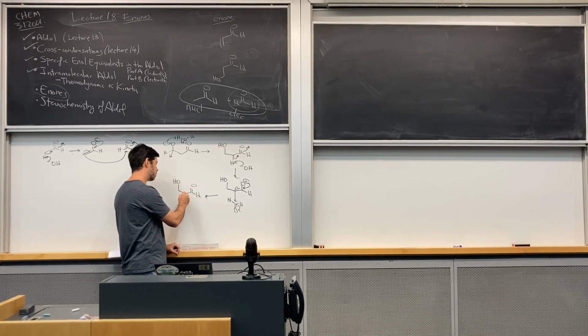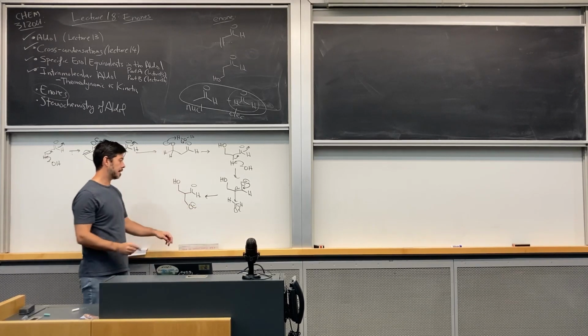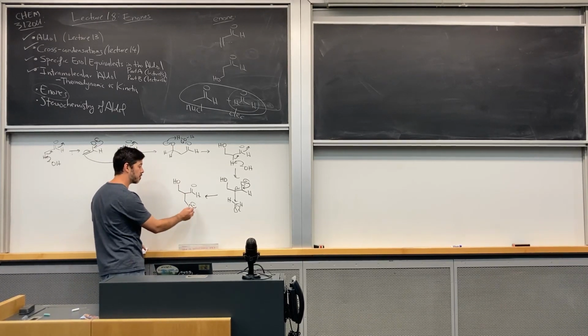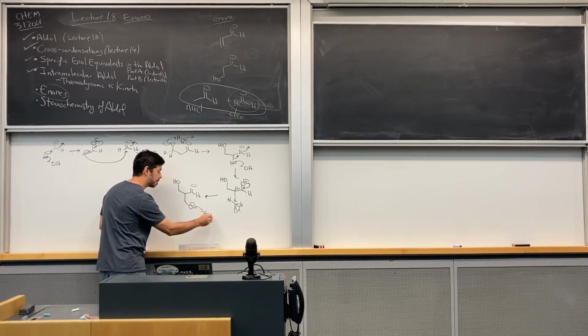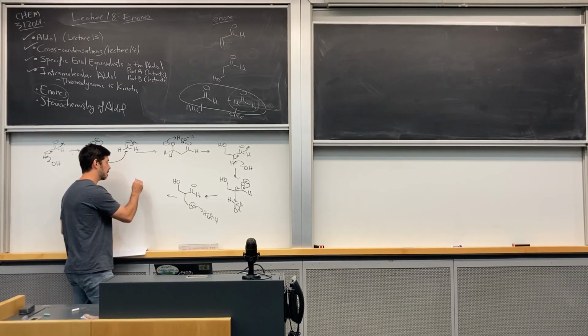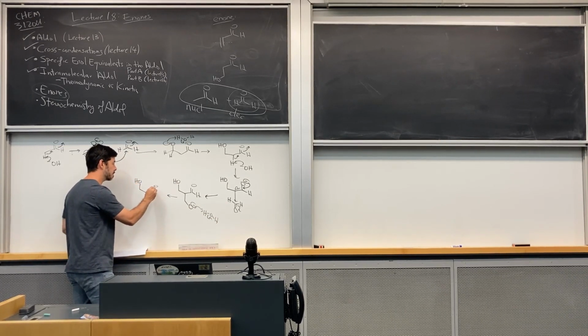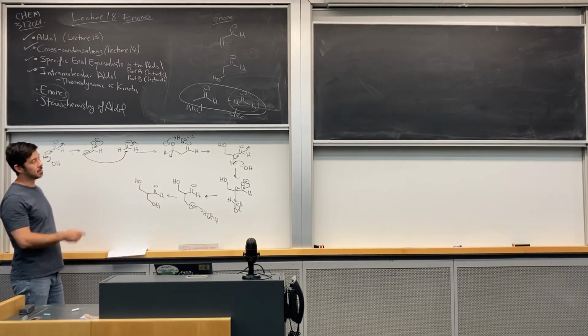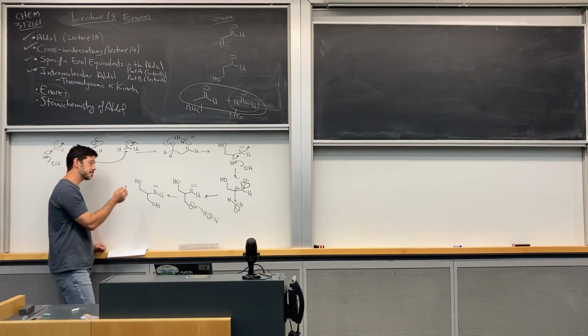So, unfortunately, it keeps going. You add a second carbon through a second molecule of formaldehyde. This will pick up a water, just proton transfer, and now you're left with that. Very different from what you want to make.